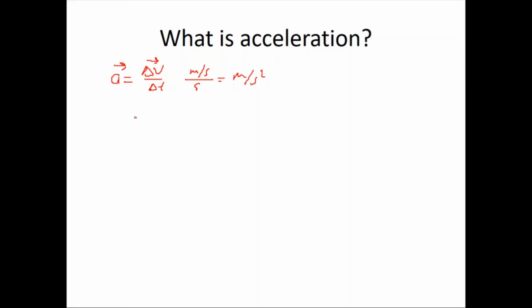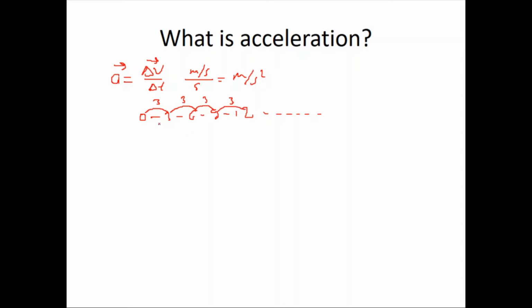Now assume you have an object, it starts motion from rest, its initial velocity is 0, then it becomes 3, then 6, 9, 12, and it continues like this. As you see, the velocity increases from 0 to 3, the change is 3. From 3 to 6, it changes again 3. Here, it changes again 3. From 9 to 12, the change is again 3 meters per second.